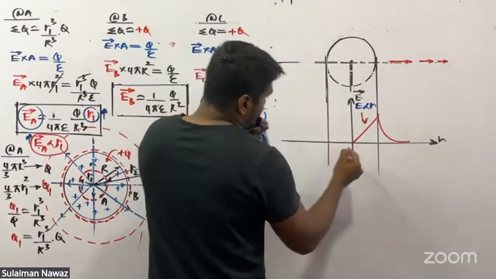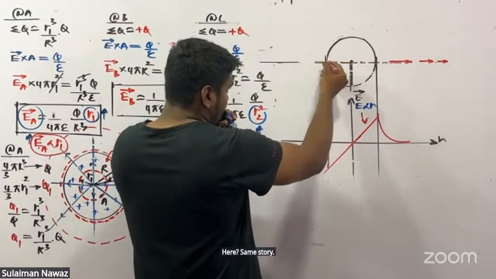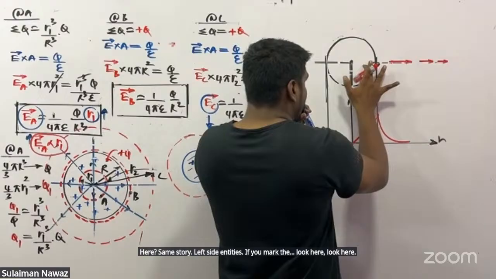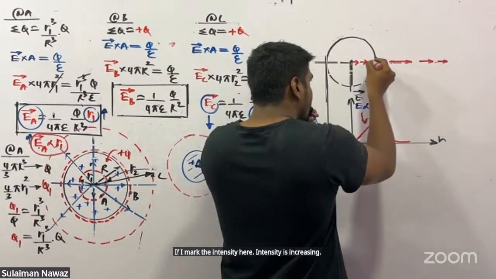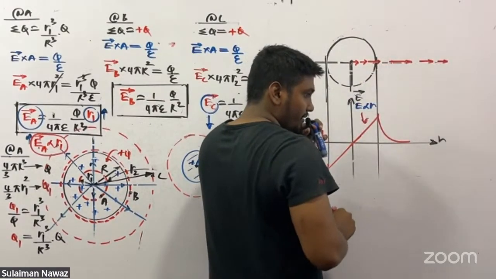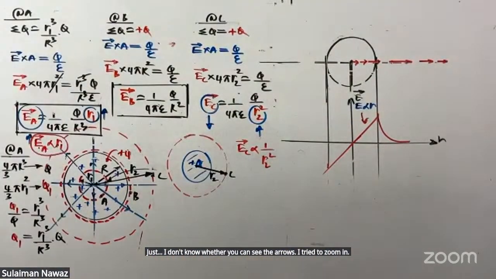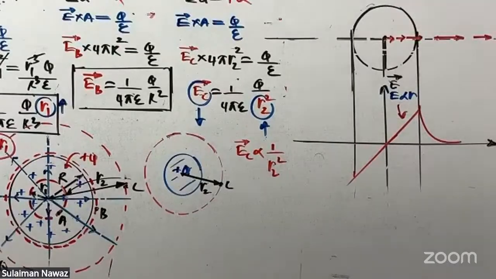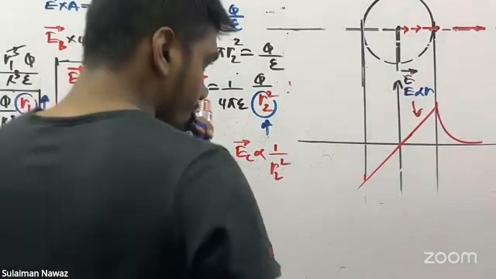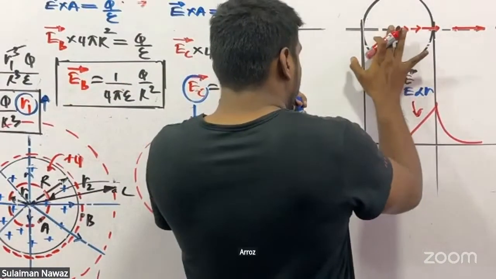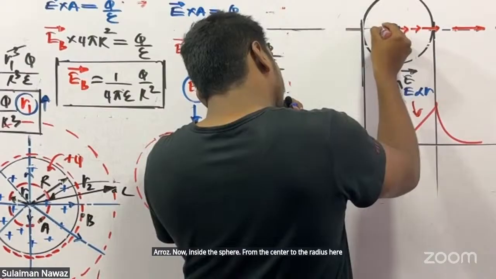Here, same story, left side intensities. If I mark the intensity here, intensity is increasing. I don't know whether you can see the arrows. Let's see, I'll try to zoom in. Now inside the sphere, from the center to the radius here, intensity is increasing on the left side.